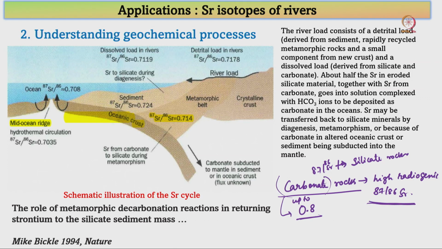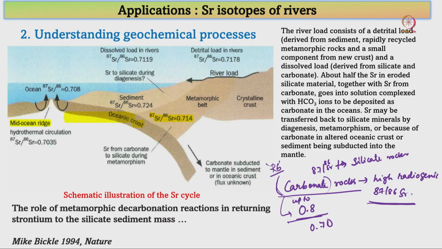Carbonate rocks do not host a lot of rubidium such that they would become radiogenic with time. When they form, they have the signature of the water body from which they are precipitating. These carbonate rocks in the Himalayas were mostly deposited in the marine environment, so they were supposed to have something like 0.71 or 0.70.